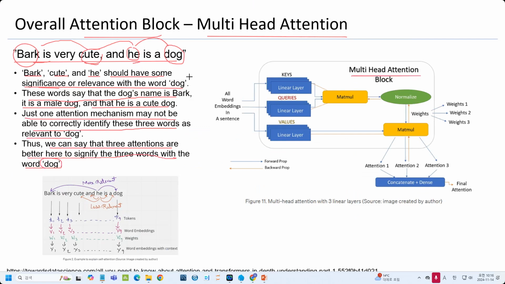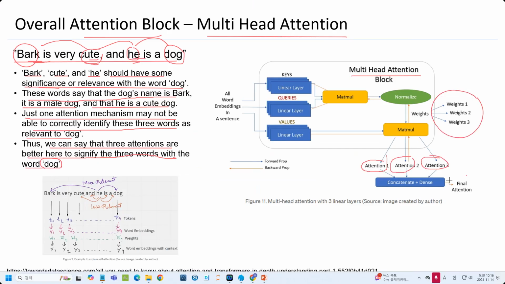In this case, because I want to focus on three words, I can create three weights, or three attention heads. The number of attention heads depends on how you define the importance.